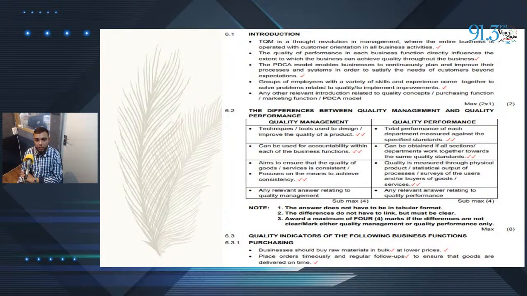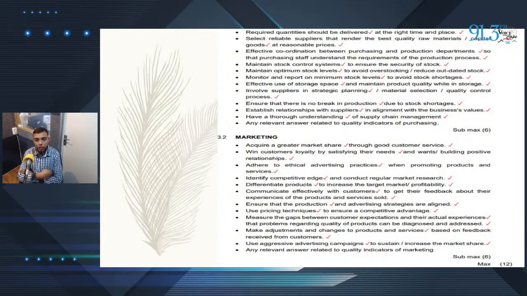We move over to the next one with marketing. You're doing the first two bullets as well. So acquire greater market share through good customer service, and then win customers' loyalty by satisfying their needs and wants by building a positive relationship with them. So there's your next subheading with some easy marks once you understand what is being asked, boys and girls.